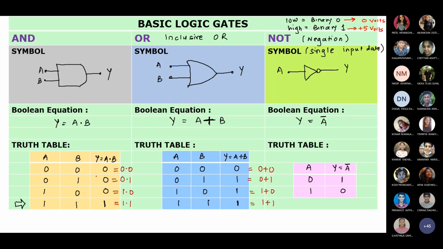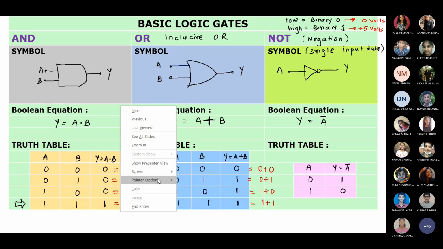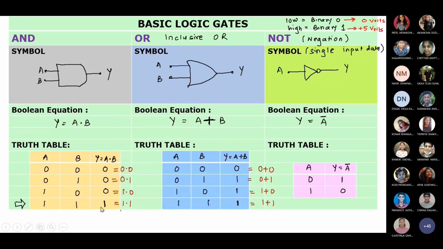So this is the truth table of your two input logic gate. Let's say A and B are the inputs. If we have a two input logic gate, how many combinations of input will there be?